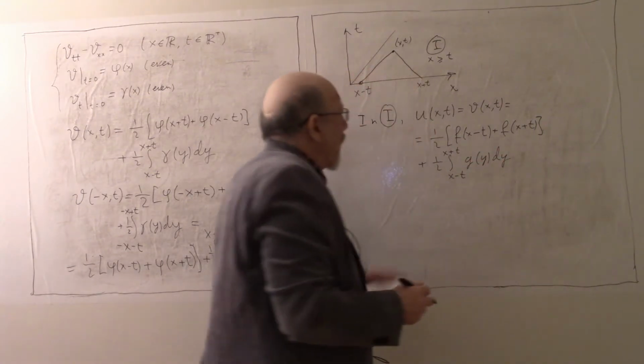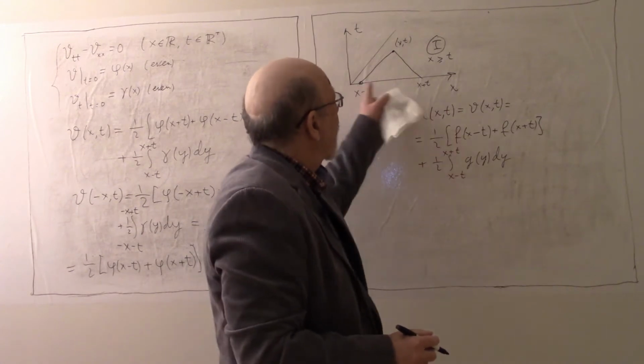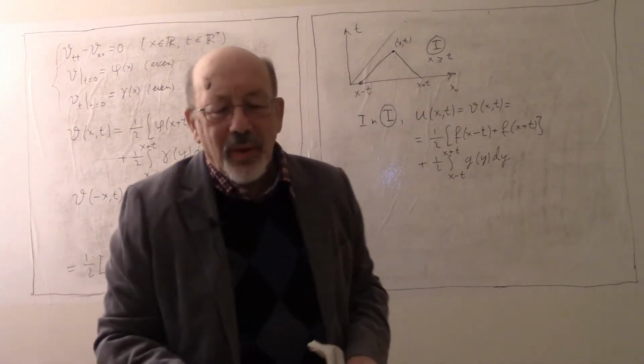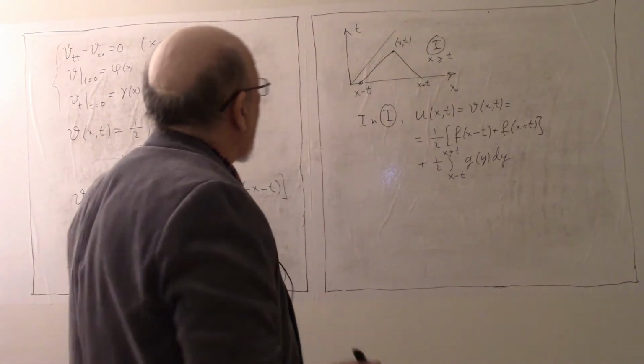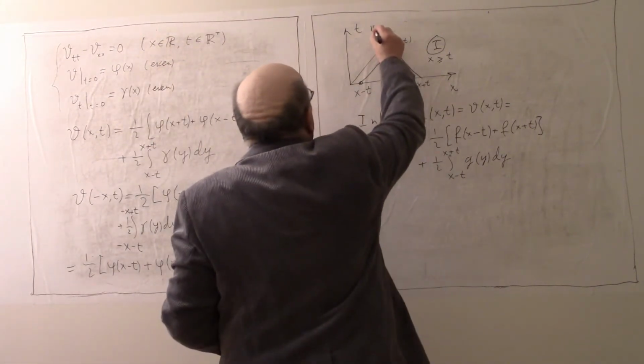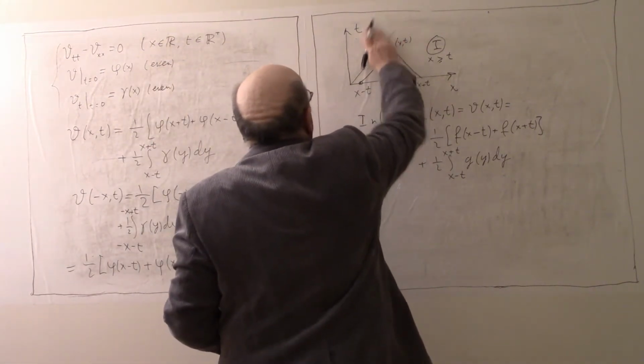We replace phi by f here because on the positive half line they are equal. Now we have the domain 2.